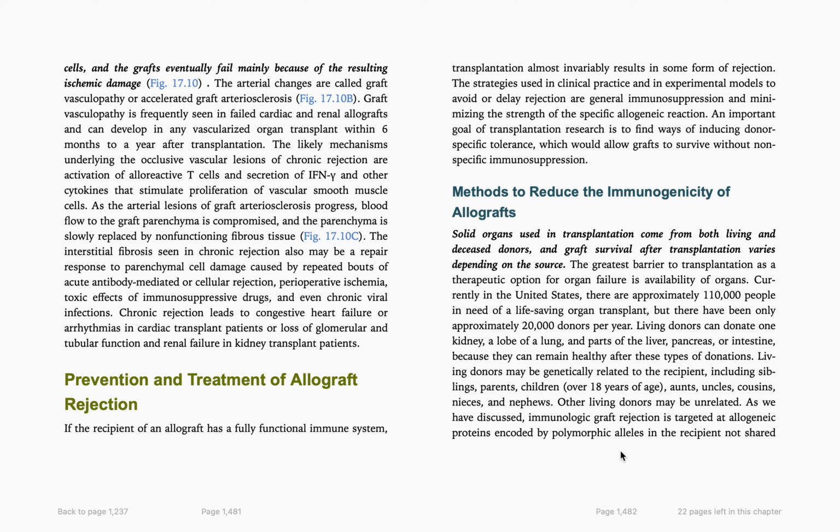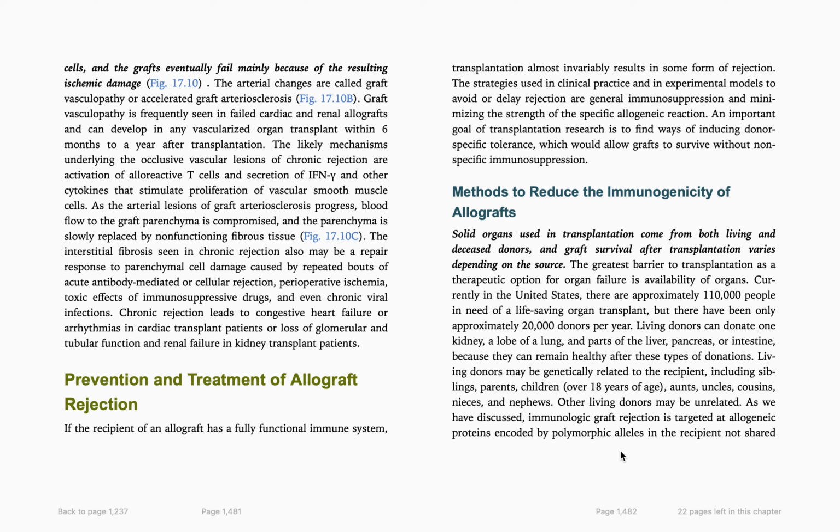Graft vasculopathy is frequently seen in failed cardiac and renal allografts and can develop in vascularized organ transplants within 6 months to a year after transplantation. The likely mechanism underlying the occlusive vascular lesions of chronic rejection is activation of alloreactive T cells and secretion of interferon gamma and other cytokines that stimulate proliferation of vascular smooth muscle cells.